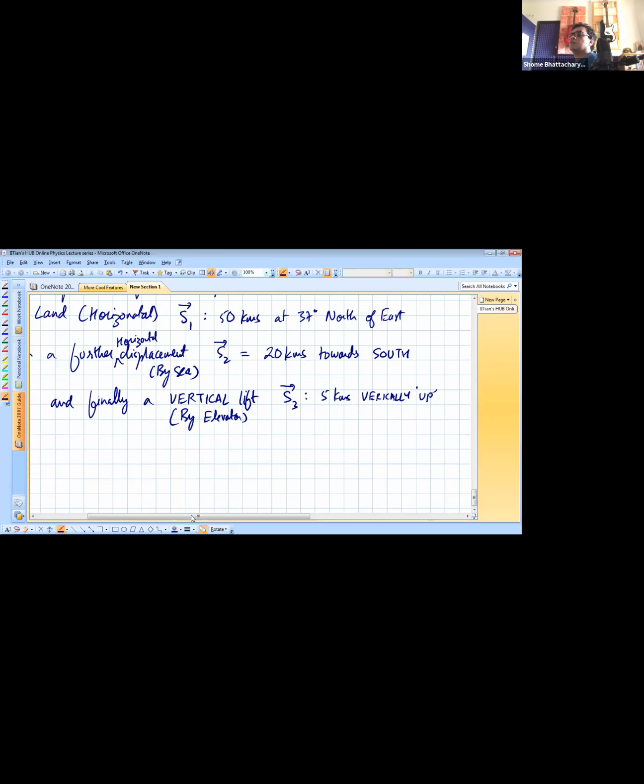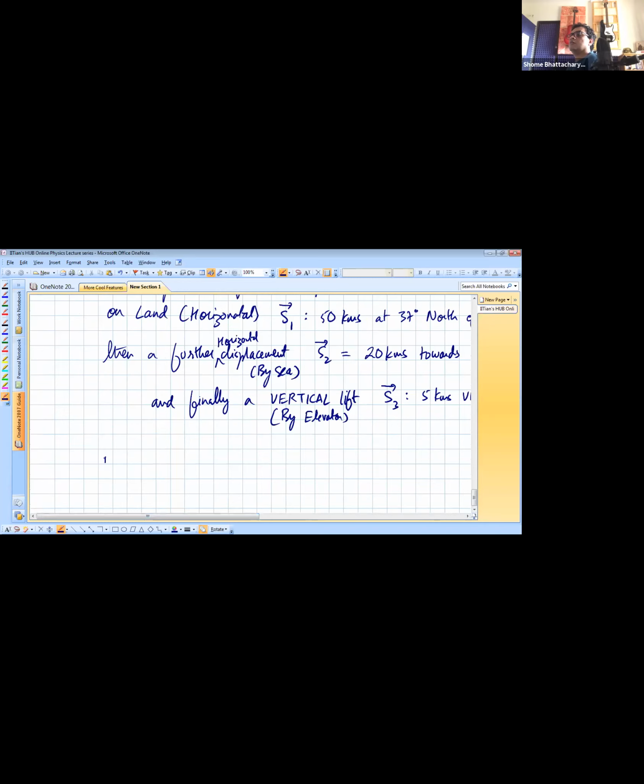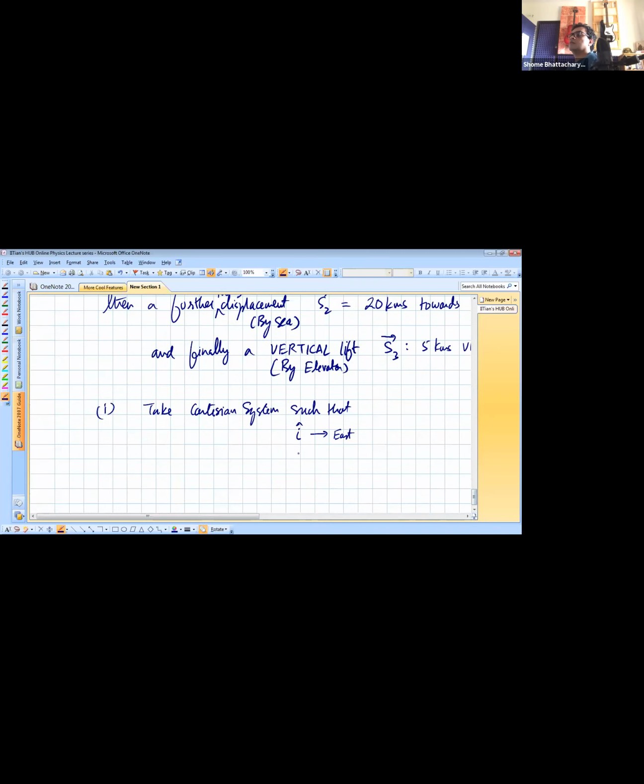So first of all, take Cartesian system such that I cap is pointing towards east, J cap towards north, and K cap vertically up.